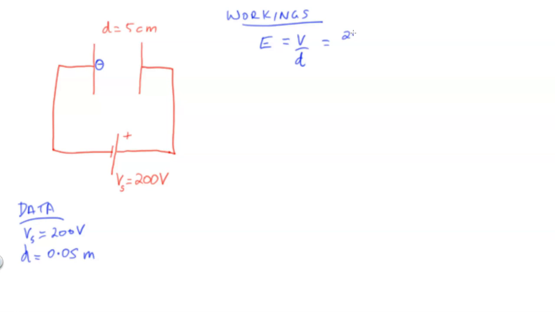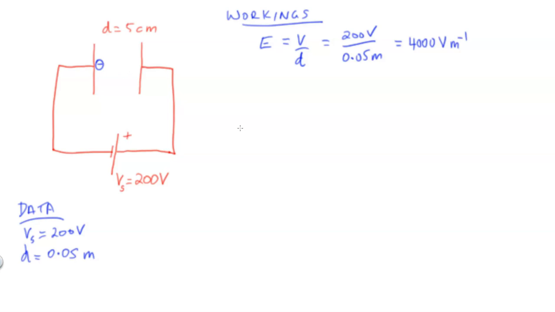So it's simply 200 volts divided by 0.05 meters, and I can see what units I'm going to get, and you can work out in your head that calculation should be 4,000 volts per meter.